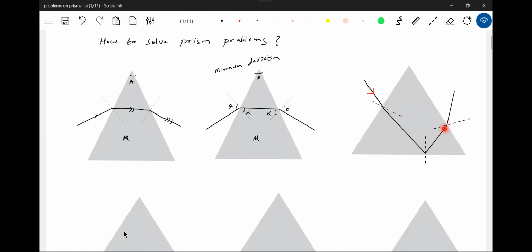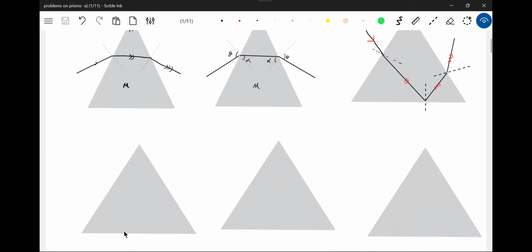Moving from denser to rarer medium, the ray will finally emerge here. If it doesn't undergo TIR, what will happen? Here the angle of incidence is greater than the critical angle, so it's undergoing TIR. If it doesn't undergo TIR, then we'll get a situation like this.